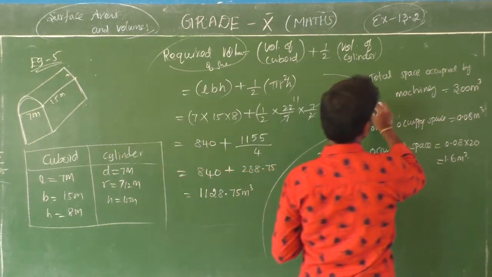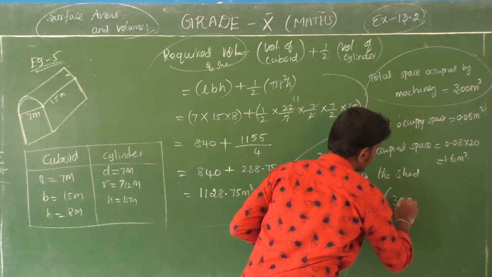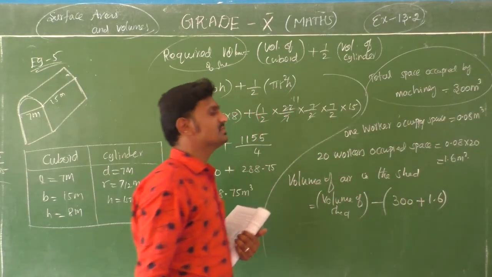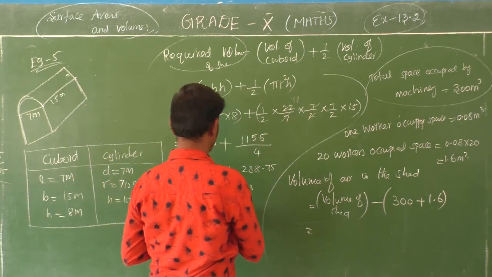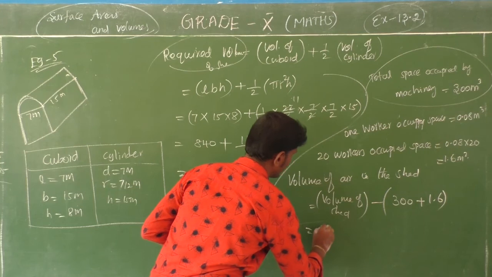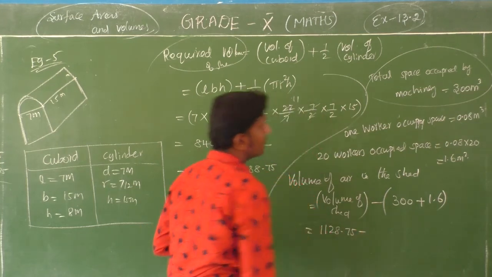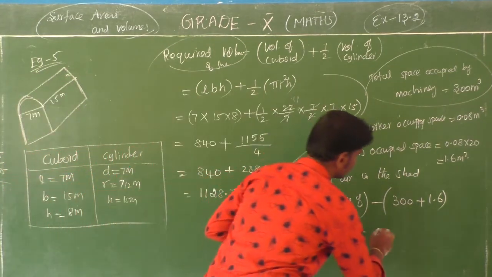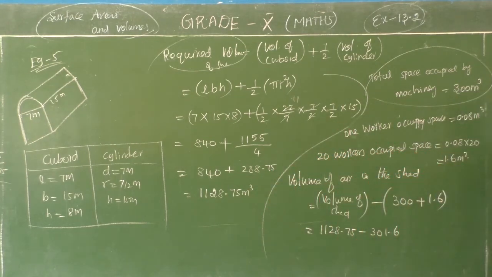The first one is the total space occupied by the machinery plus the 20 workers' space. So the total volume of the shed is 1128.75 minus 300 plus 1.6, that is 301.6 meter cube.